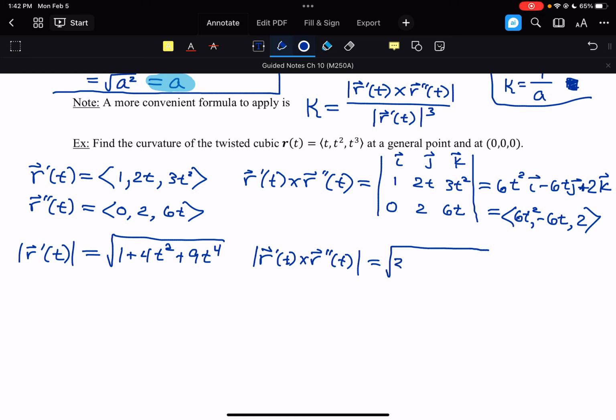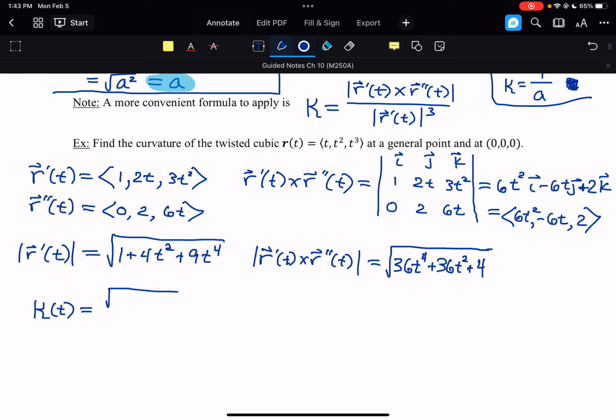So we're going to get the square root of 36t to the fourth plus 36t squared plus 4. And now we have what we need for our formula. So we can go ahead and put in the two lengths. Don't forget to cube the denominator.